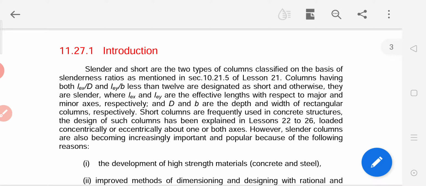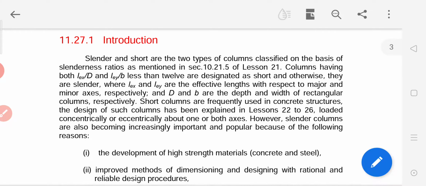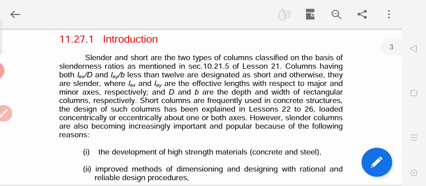Short columns are frequently used in concrete structures. The design of such columns has been explained, loaded concentrically or eccentrically about one or both axes. However, slender columns are also becoming increasingly important and popular because of the following reasons. First, the development of high strength materials such as concrete and steel.